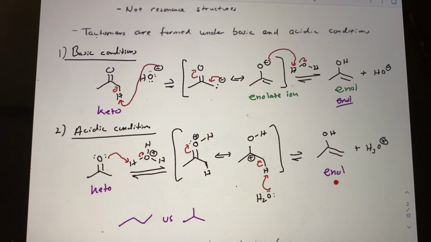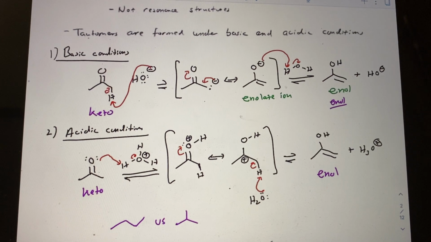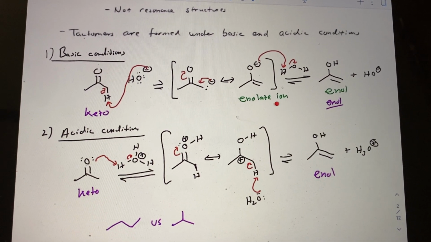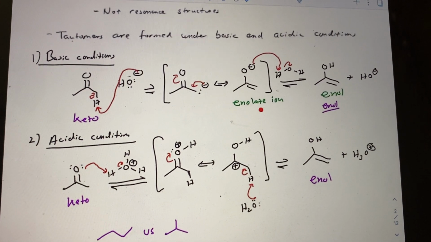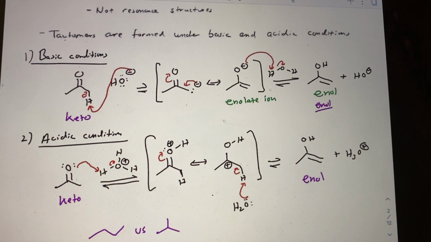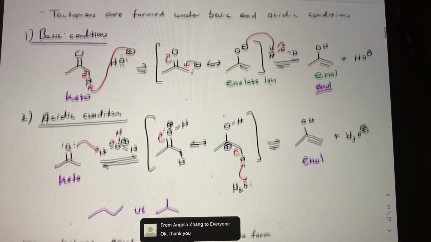So we only have the enol form over here. What we're going to see is that many times the reactions use the actual enolate ion. So that one's going to be more important. That one kind of stands out on its own. There's not really a parallel here for the acidic conditions. So that's a great question.